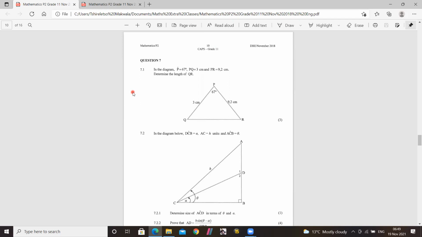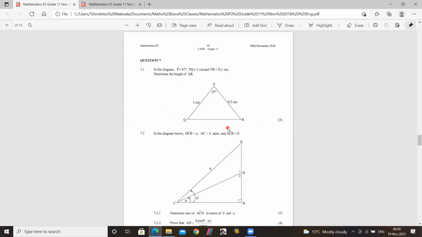So let's look at the question. It says in the diagram, P is 67 degrees, PQ is 3 centimeters, and PR is 9.2 centimeters. Determine the length of QR. With this one, like I said, we firstly ask ourselves, what type of triangle do we have?